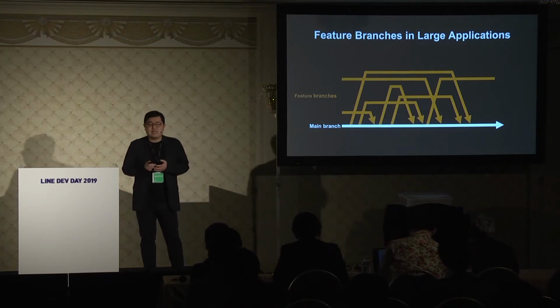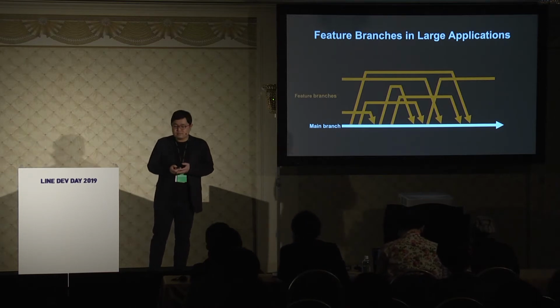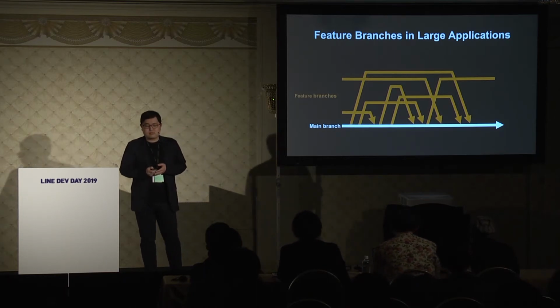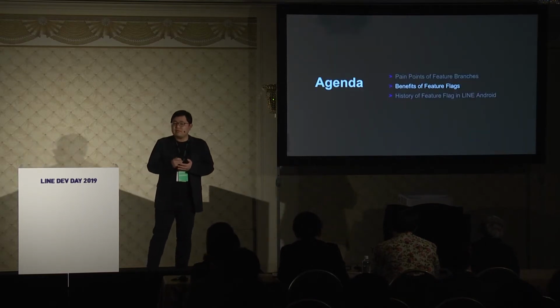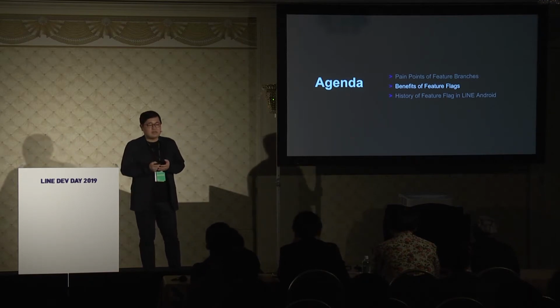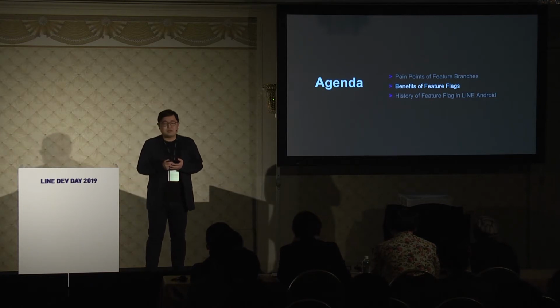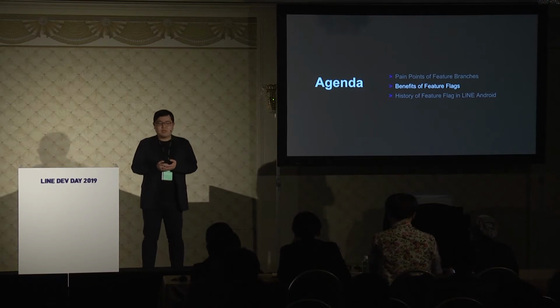So there are more conflicts. The situation is more prone to conflict, and we have to spend more time to solve those conflicts. So our team decided not to use the feature branch. Instead, we decided to use feature flag.